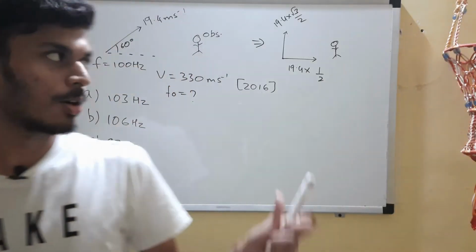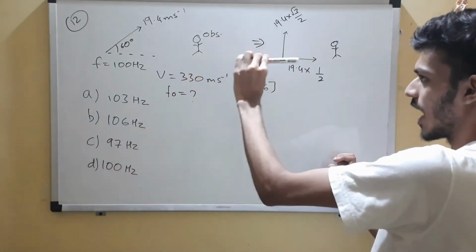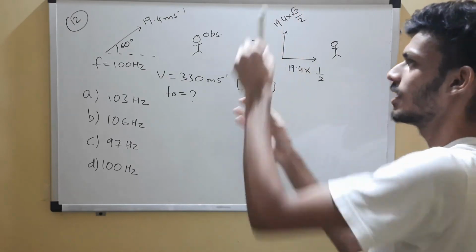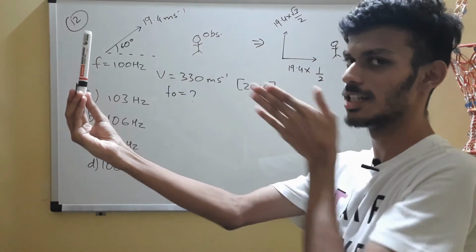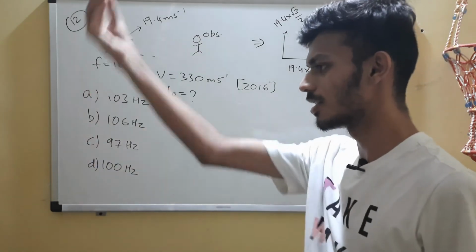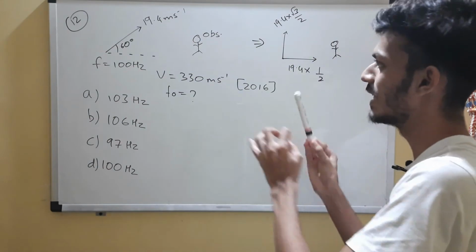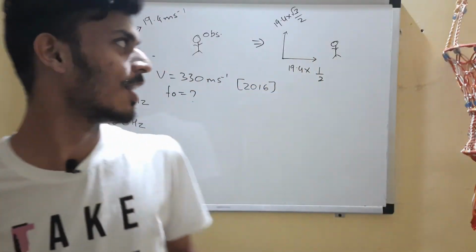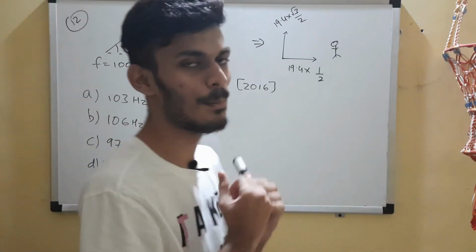Here you can see approach happening. This component remains at a constant distance with respect to the observer, so it will not contribute to any change in frequency. The only component contributing is the one which is approaching.